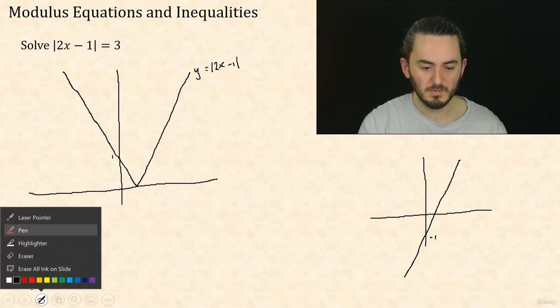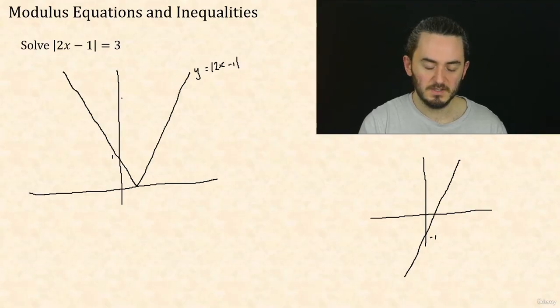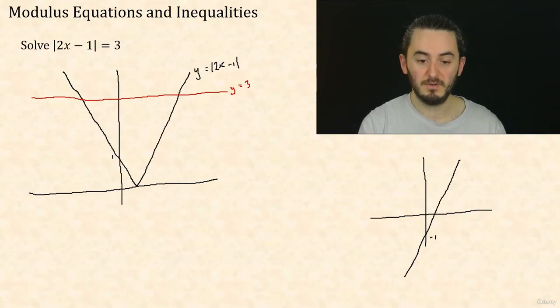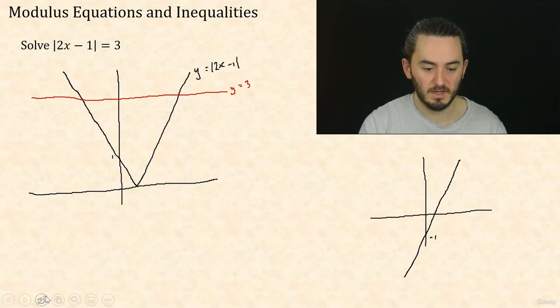Here's a nice way of thinking about it: when is its height 3? If I drew a line across like this and said that this line was y equals 3, the solutions to this equation are whenever my black mod graph crosses that red y equals 3 line.